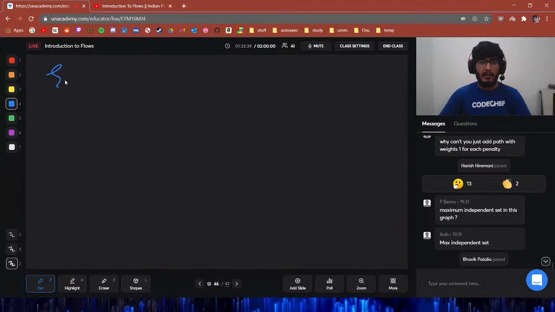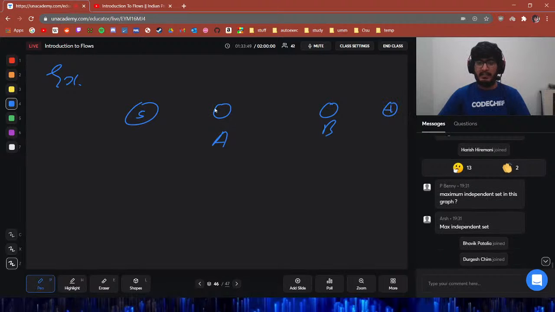So let us see a simpler example like this. Source. Let's say there is only one person in A, there is only one person in B, and then there is a destination. These two are dummy nodes, right? So here is an edge of weight 1. This is an edge of weight 1. There is an edge of weight 1. So if we are here, the minimum cut is either cut this or cut this or cut this, right?